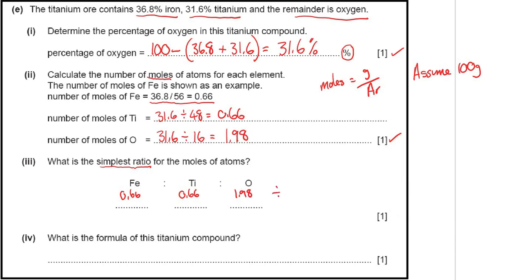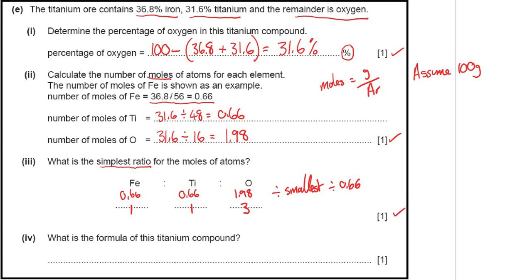How do we turn that into the simplest whole number? We divide it by the smallest, which is 0.66. So that's everything. That gives us 1, 1, and 1.98 divided by 0.66 is 3. So now we've got this mark.